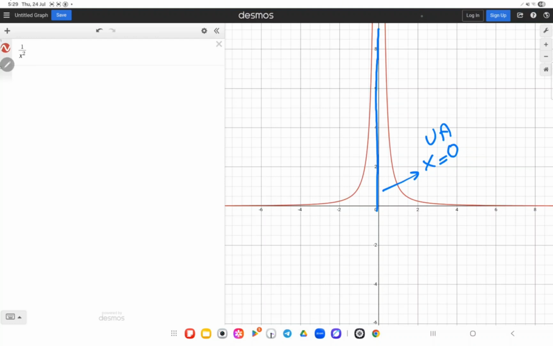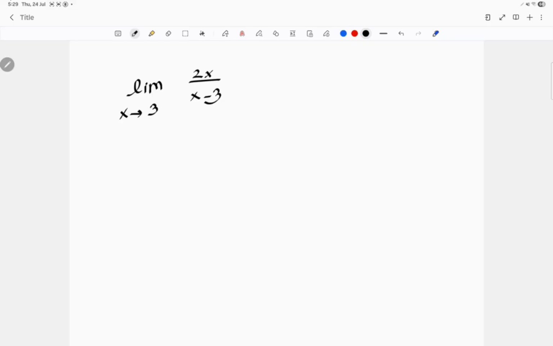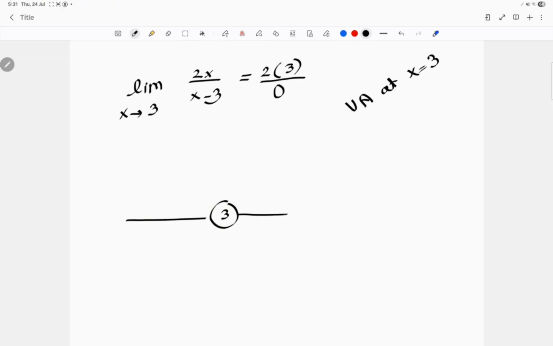Let's do more practice. What's going to be your answer for this one? Right now, if I were to plug in that 3, I'll get 0 on the bottom. That means I have a vertical asymptote at x of 3.